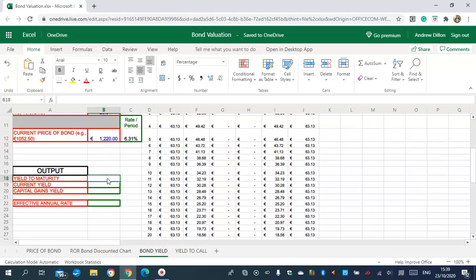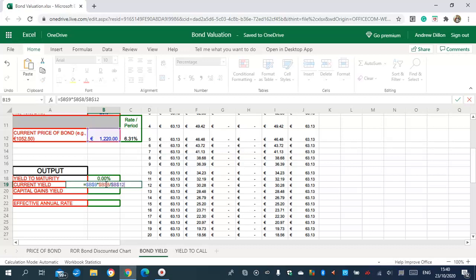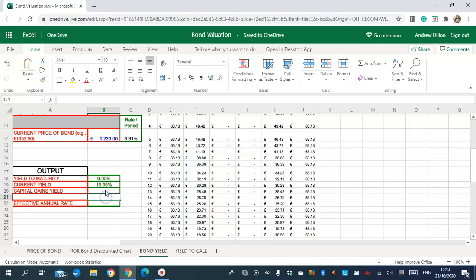Now the yield to maturity. Okay. Now the current yield, 10.25%. Okay.